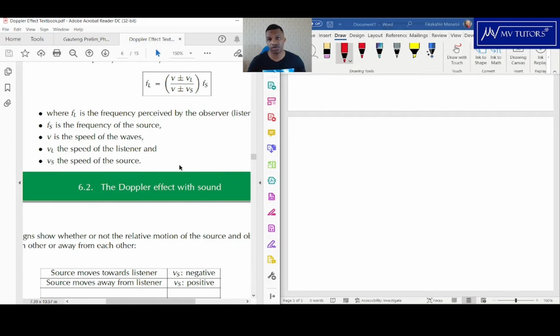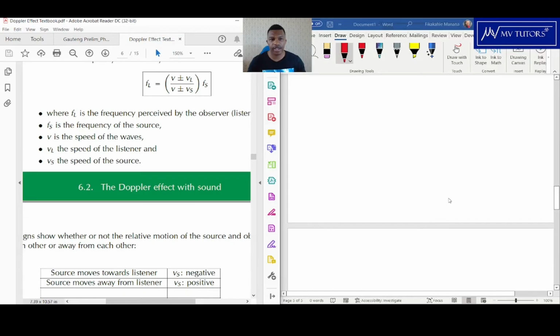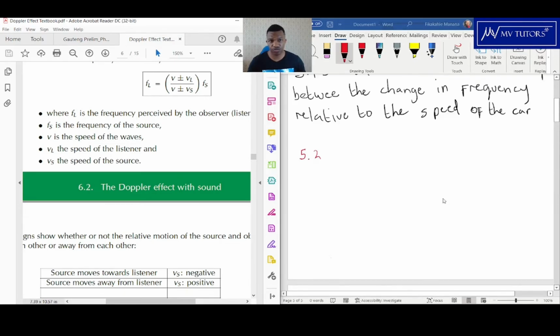That's the velocity we're looking for. Now let's take a look at the scenario where the car is approaching, moving towards the listener. So the formula that we'll be working with would be the frequency of the listener equals V plus or minus VL, that's the velocity of the listener, which is 0 at this point.